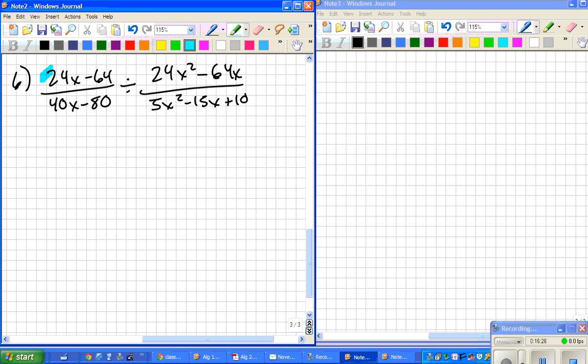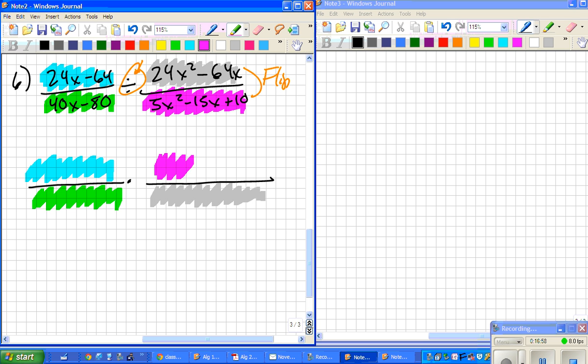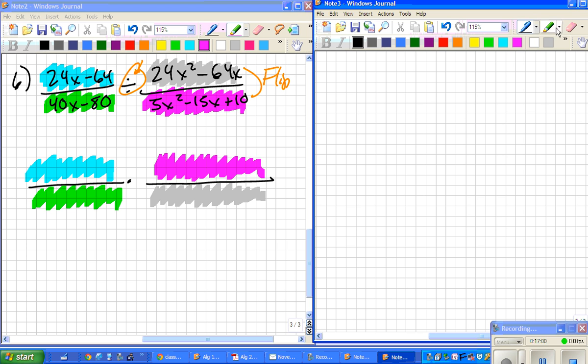Let's go ahead and start setting up. And make sure that you flip. Okay, I'm just going to put everything where it goes over here so I don't forget. We're flipping, so the gray's got to go to the bottom, and the pink's going to go up to the top. Okay?